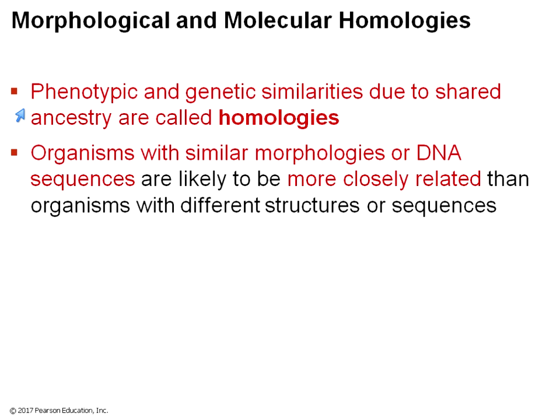Organisms with similar morphologies or DNA sequences, so those that have a lot of homologies, are going to be more closely related to each other than organisms that have different structures or different DNA sequences. Okay, so keep that in mind.